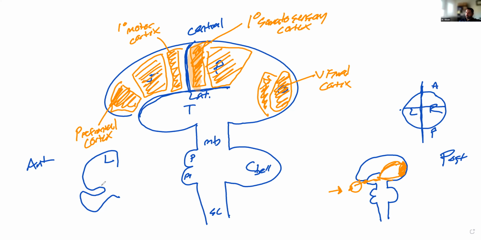And then just on the very inside of the lateral sulcus here, you have cortex. And this cortex is going to be responsible for processing taste. So this is what we call your gustatory cortex, and it has a name as well. If we were to name this cortex on the brain, it is your insula.